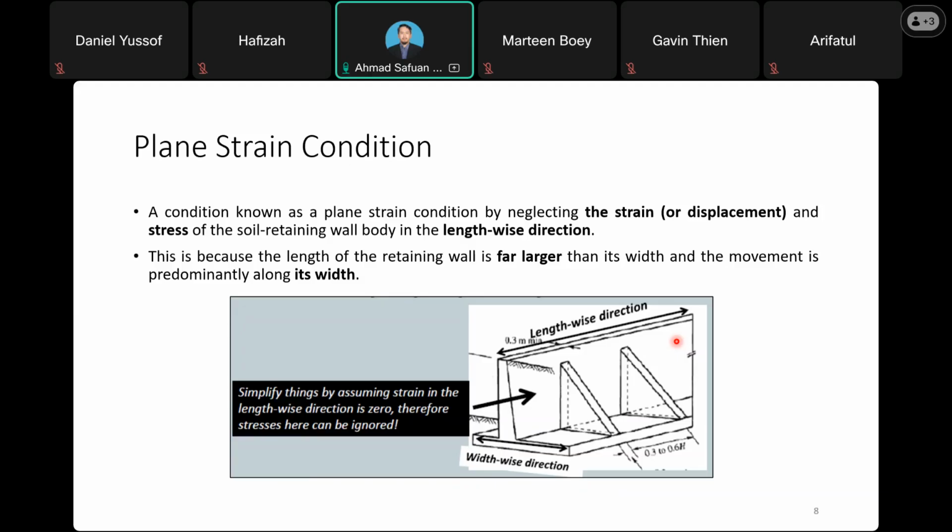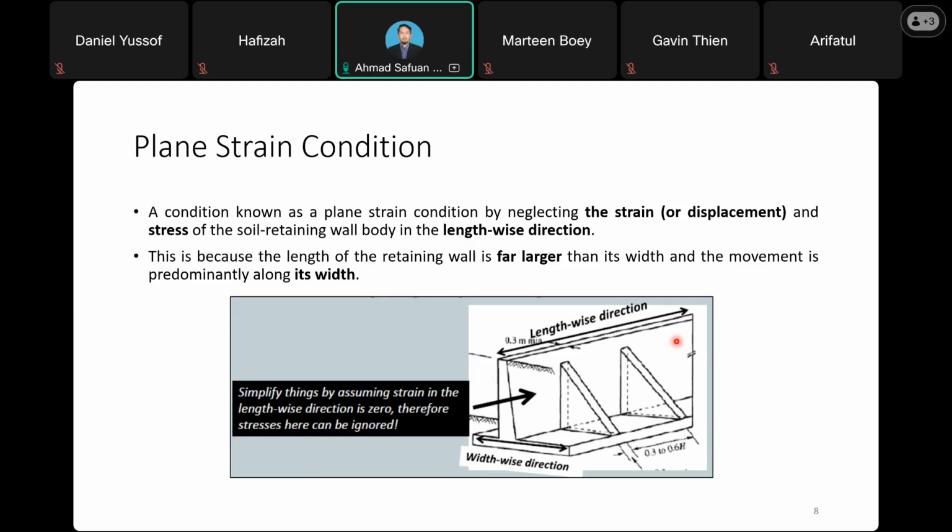So we simplify things by assuming the strain in the lengthwise direction is 0, therefore stresses can be ignored. Then they introduce what we call a plane strain condition.